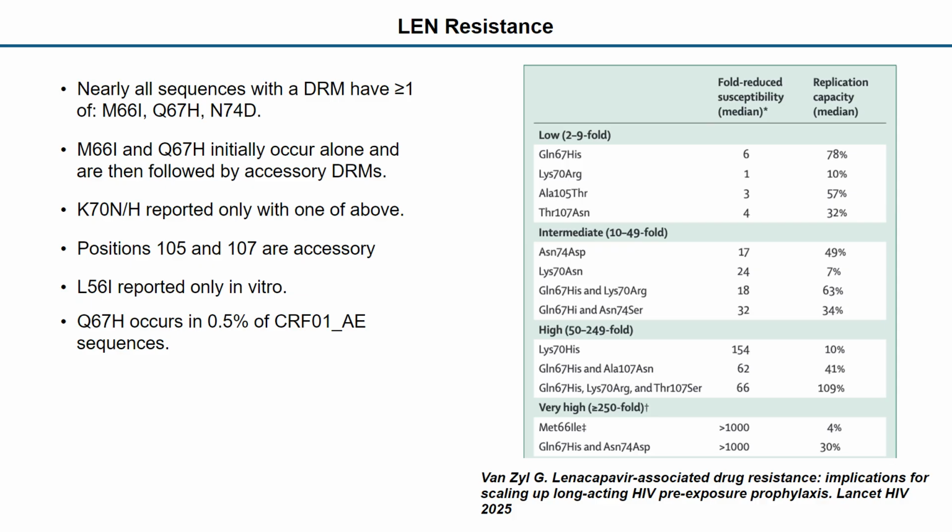But the very highest levels of resistance occur with M66I, either alone or in combination with other drug resistance mutations. M66I has a very low replication capacity, as shown here, of 4%. Very high levels of resistance also occur with the combination of Q67H plus N74D.